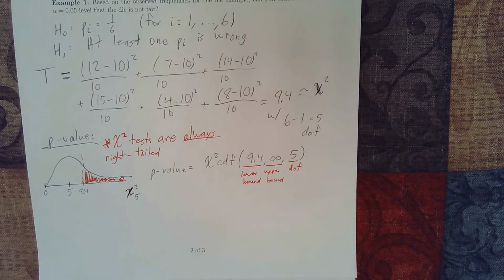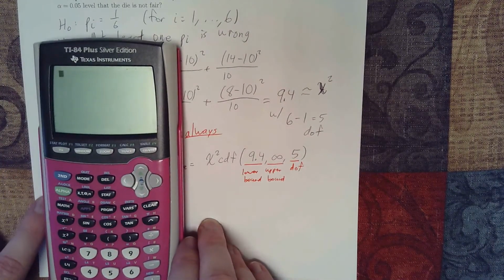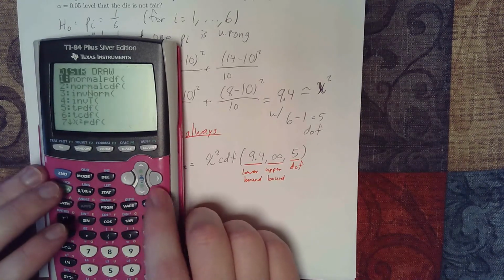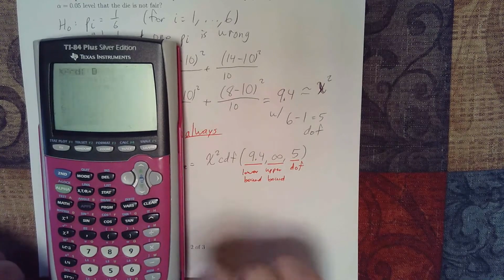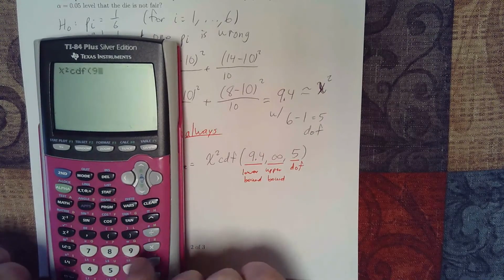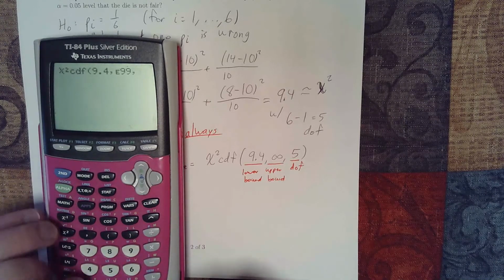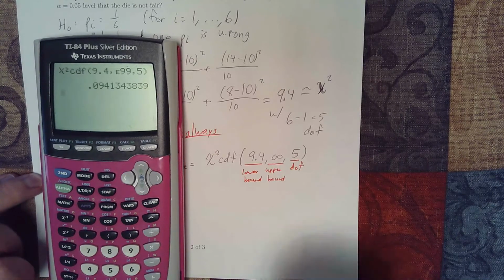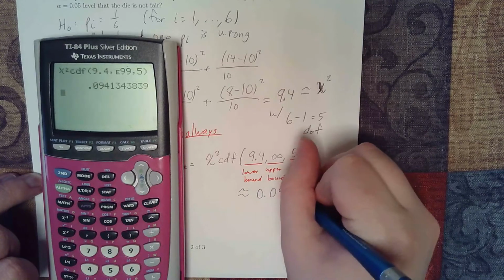So let's find that in our calculator so we can do it together. Looking at the TI 84 Plus Silver Edition, if we go to our distributions, right there under chi-squared CDF, we'll have 9.4, E99 for the infinity, and 5. When we spit it out, we get approximately 0.0941.